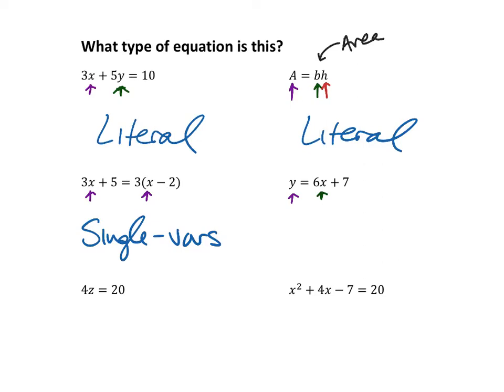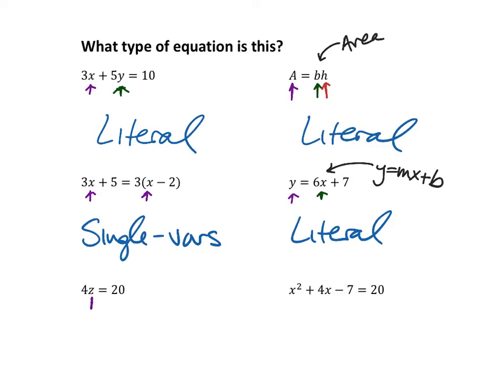Since there are two types of letters here, this is a literal equation. And yes, fun fact, this is y equals mx plus b form. You learned about this last year, slope-intercept form. Slope-intercept form is a literal equation.